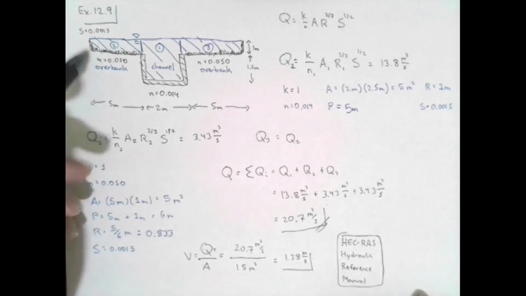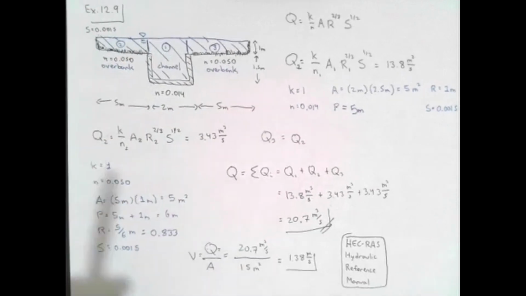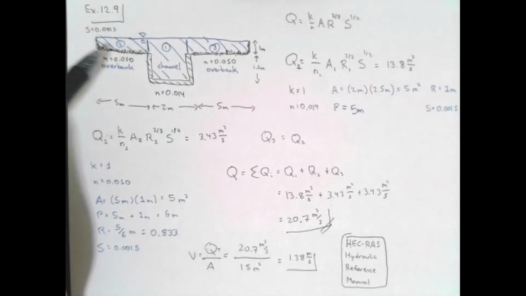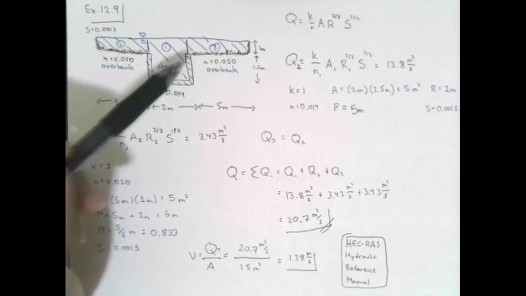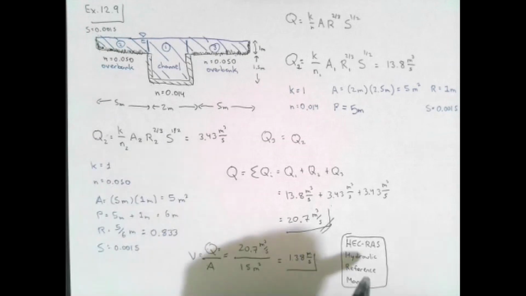And sometimes if this methodology of splitting up your section doesn't give you realistic results, you're going to have to look at other types of methods, things like taking weighted averages of your roughness coefficient. You can find all these different methods compiled in the hydraulic reference manual.